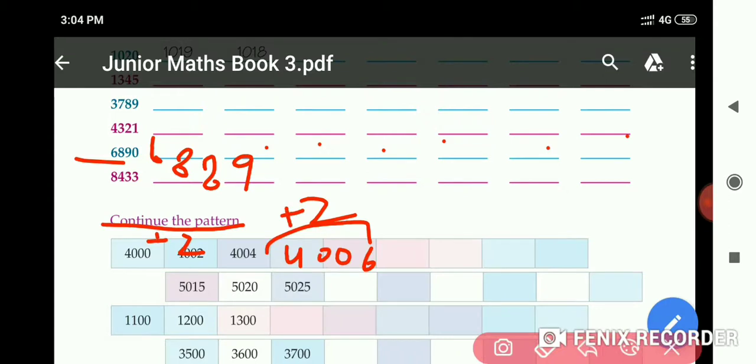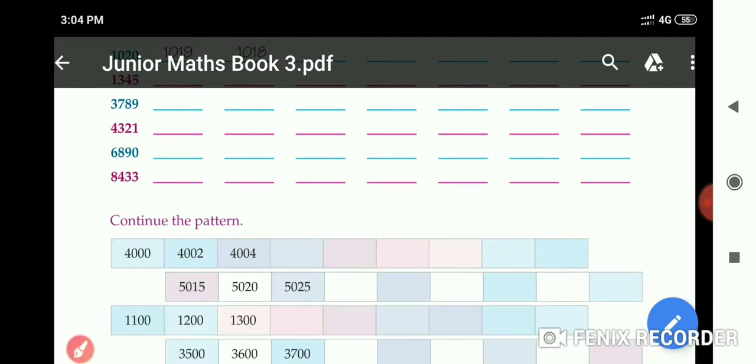Then after this 4008, because plus 2 is there. Then 4010, 4012. At each step plus 2 is there.